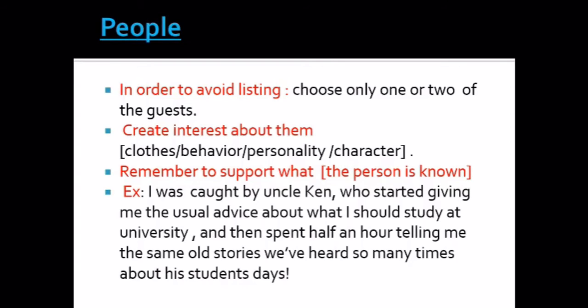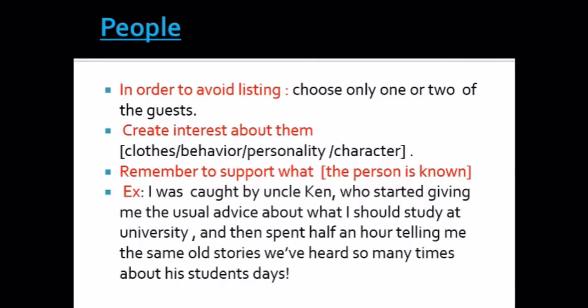And I developed my idea and talked about something interesting about him, which is he started giving usual advice about what I should do at the university. And another thing, he spent half an hour telling me the same old stories. So when I mentioned Uncle Ken, I mentioned what he did, and I created the interest. I talked about this person and I supported him.